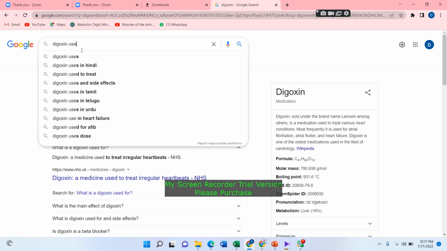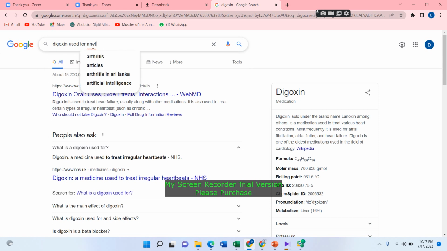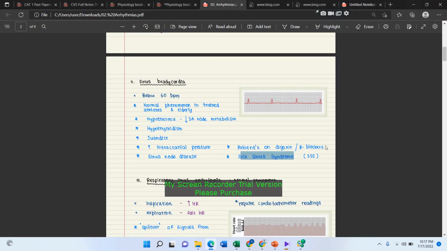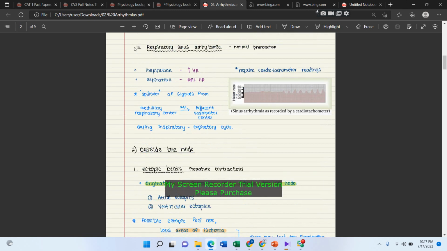So which arrhythmia type is it used for? Digoxin has a limited but useful role in arrhythmias, either alone or in combination with other agents such as beta blockers, for resting ventricular rate control in patients with chronic atrial fibrillation. So it's actually given for chronic atrial fibrillation. Let's go and check what fibrillation is.